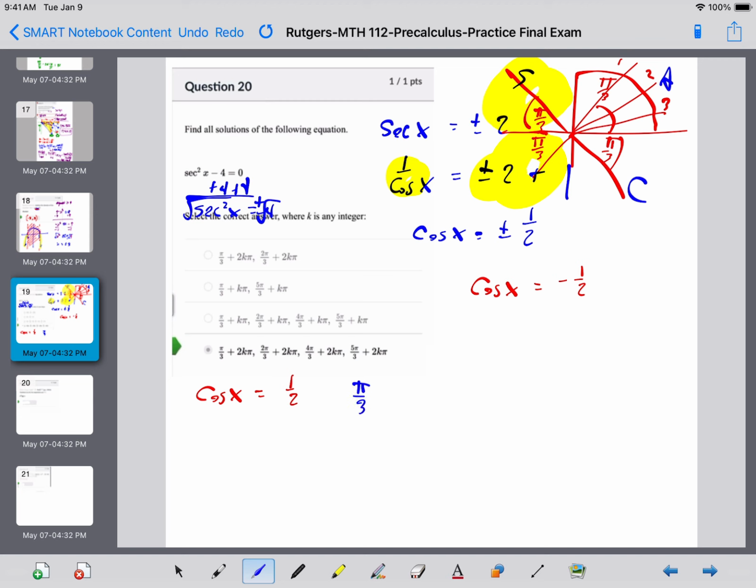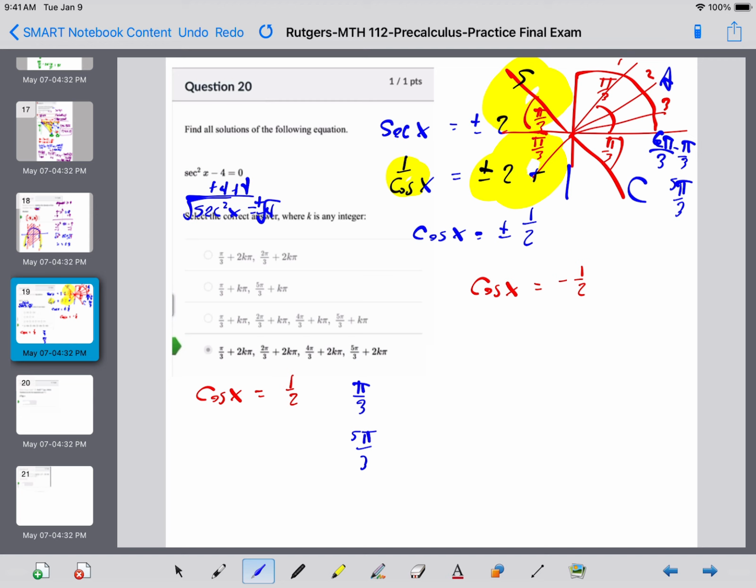So for positive 1/2, we already know pi over 3. We also have here, in quadrant 4, you would do 2 pi minus pi over 3, which is the same as saying 6 pi over 3 minus pi over 3, which is 5 pi over 3. Okay? And I'll write them like this, and you'll see why in a moment.